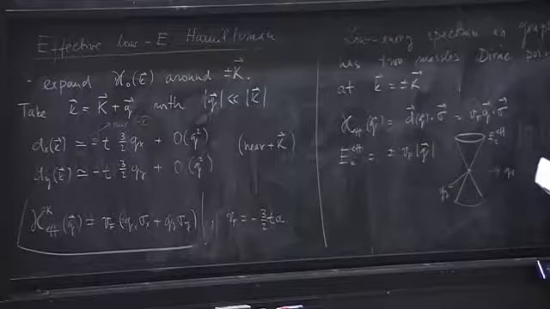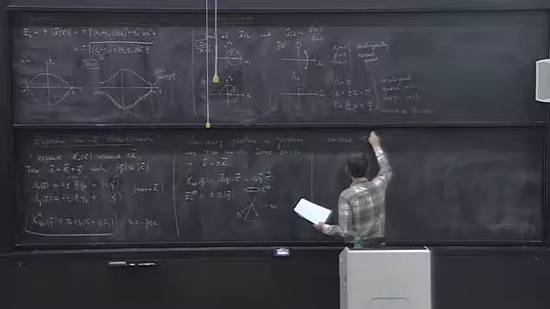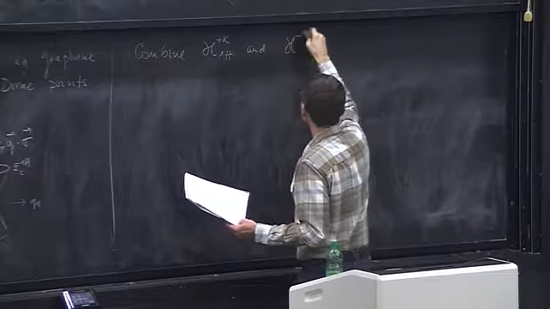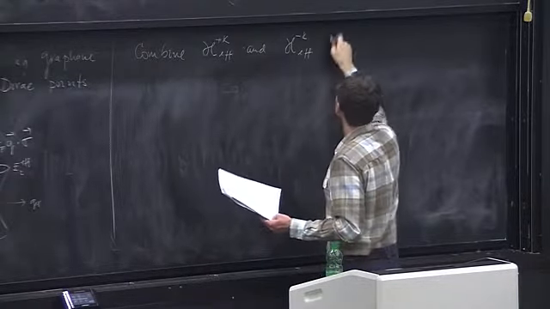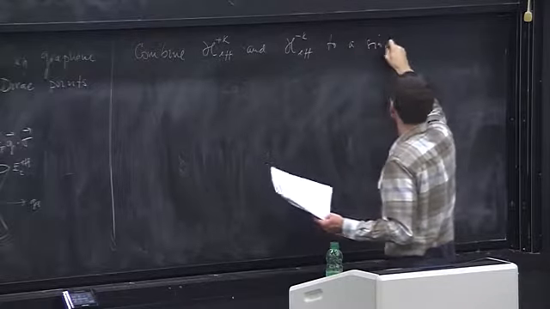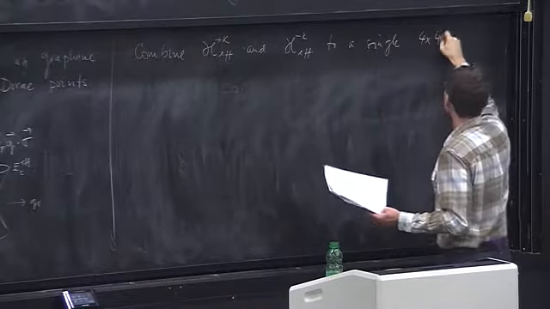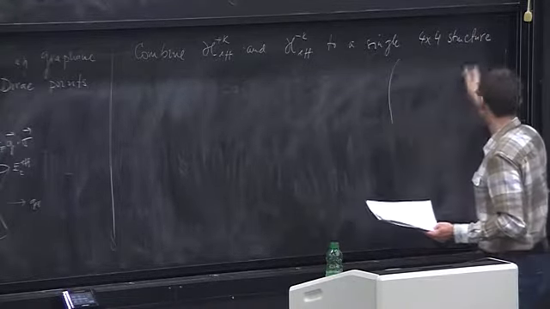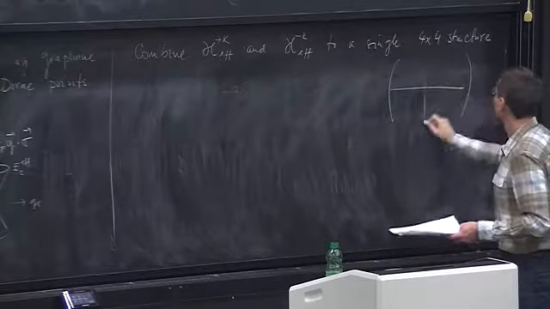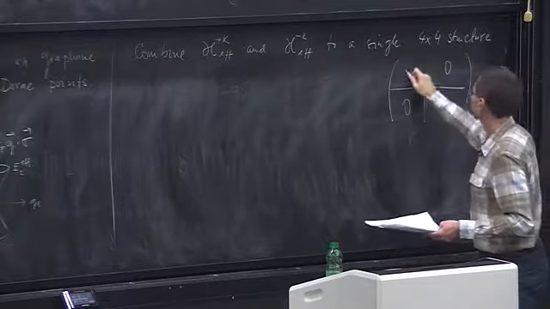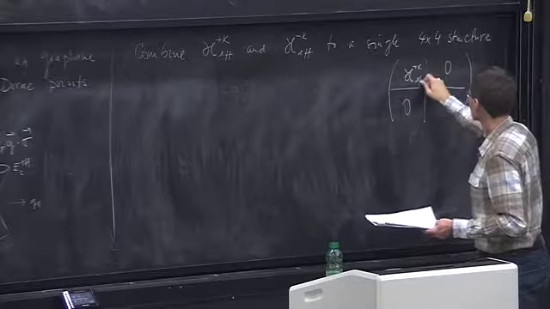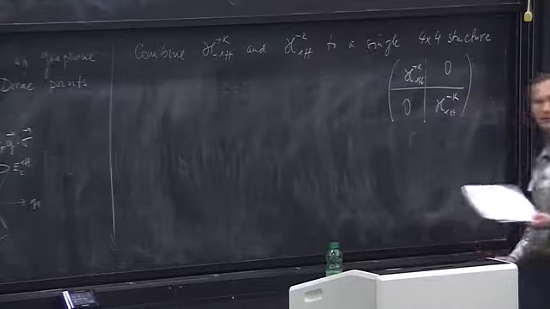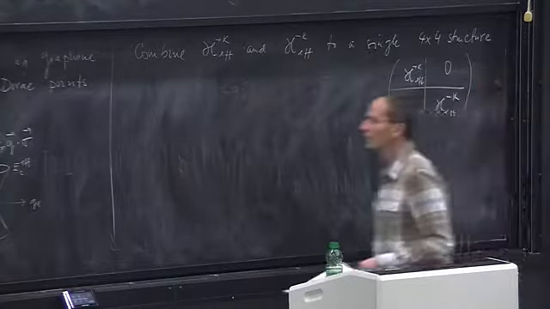So we combine H plus K effective and H minus K effective into a single 4x4 structure, which basically looks like this. I take a 4x4 matrix, right? And I put zeros here, and I put H plus K effective here, and H effective minus K here. That's the 4x4 structure. So I have a 4x4 matrix.